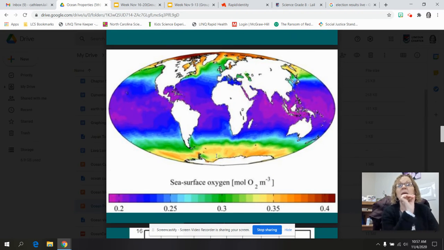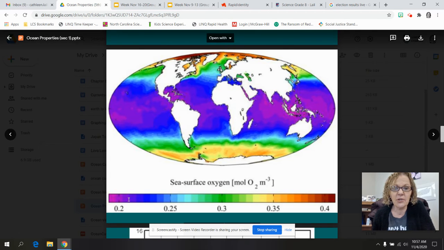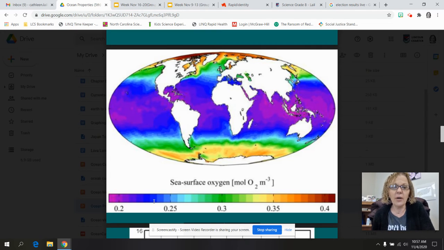Now, this map is showing something different. We're not talking about the salinity levels in this map. We're talking about the oxygen levels of the surface water. So this time, if you take a look, the darker colors sort of go the opposite. The blues and the purples mean it's holding less dissolved oxygen, and that's not necessarily good.